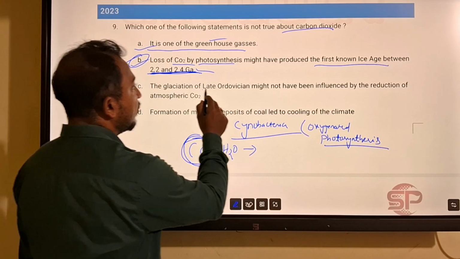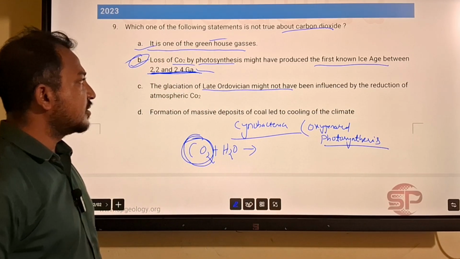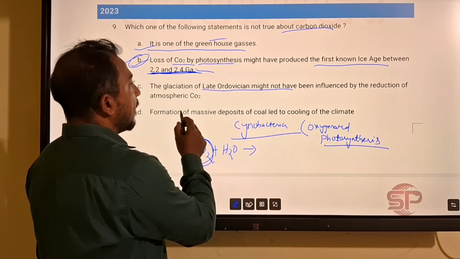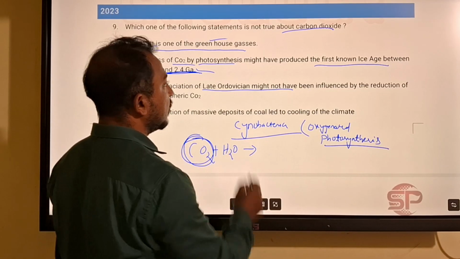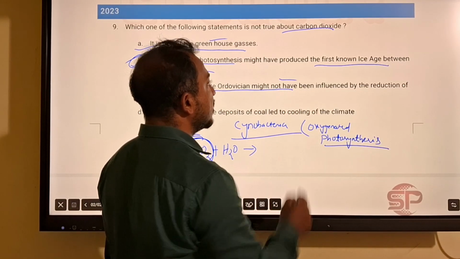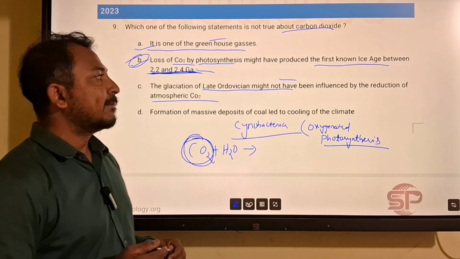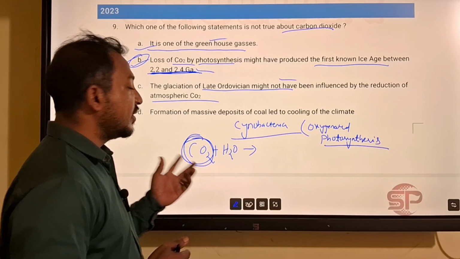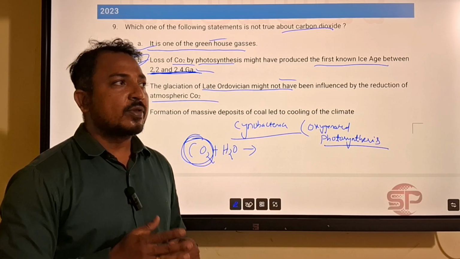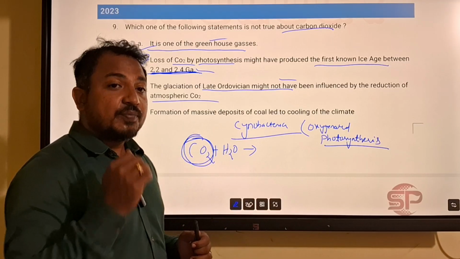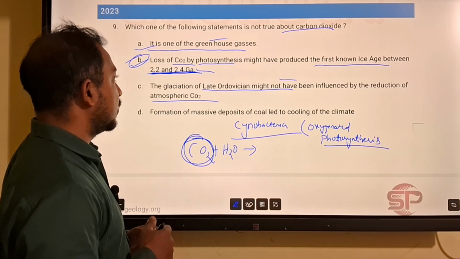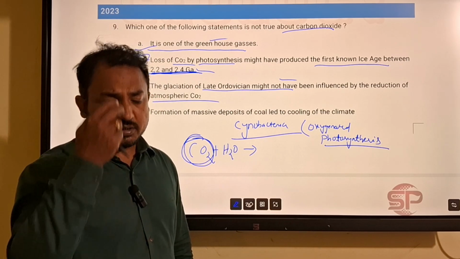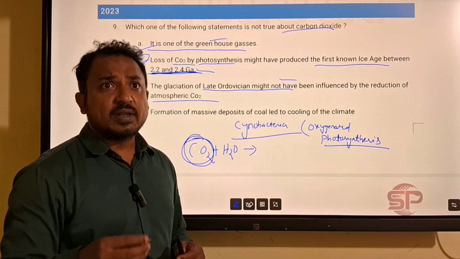Then, the glaciation of the late Ordovician. During the late Ordovician, approximately 444 million years ago, there was a glaciation. It is asked whether it was not influenced by the reduction of atmospheric CO2. Due to enhanced silicate weathering, the silicate minerals react with carbon dioxide to produce calcium carbonate, so that uses the atmospheric carbon. During the Ordovician period, there were also vigorous mountain building processes, and because of the mountains there will be more erosion.